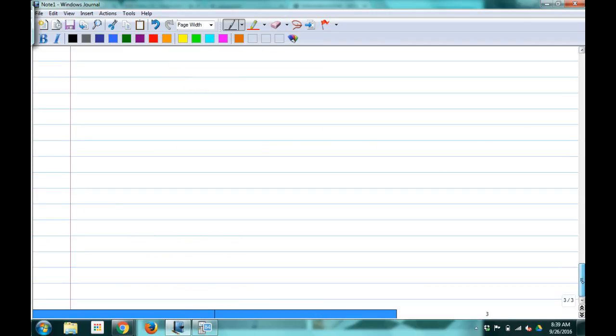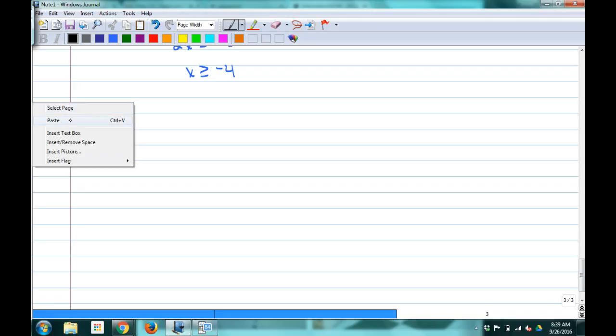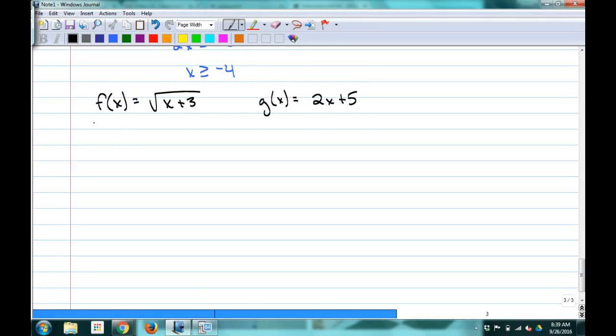This is example G. Find g composed with f of x. So same two functions, and we're going to go the other direction. We're going to look at composing f into g and the domain and see how that changes things.